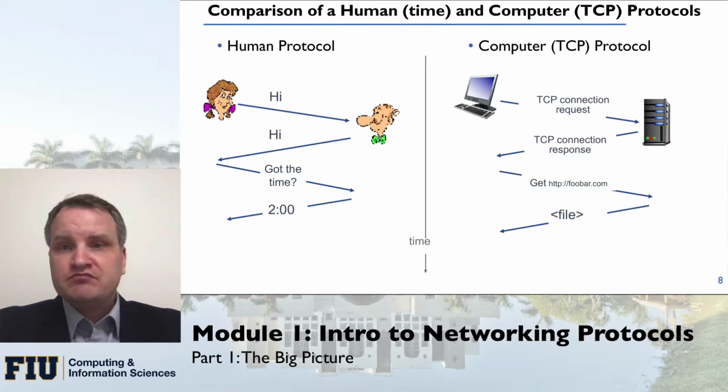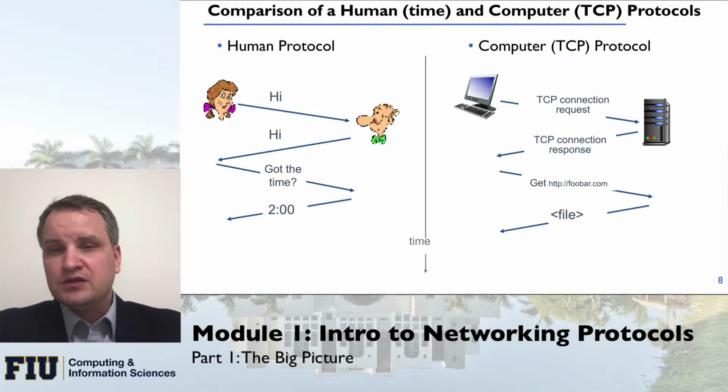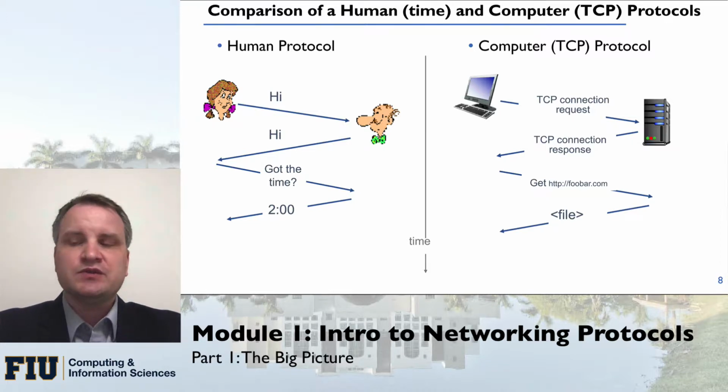Okay, and just to give you a comparison between the human and the computer protocol, you can see on a slide. In a human interaction, that would be hi, got the time, and got a response of the time, versus if you're talking about HTTP. This is the HTTP process, where I have to set up the connection first.